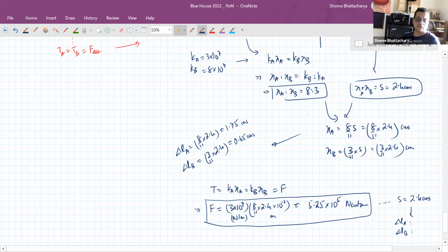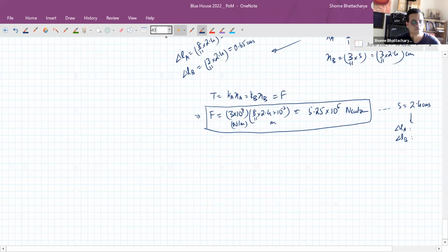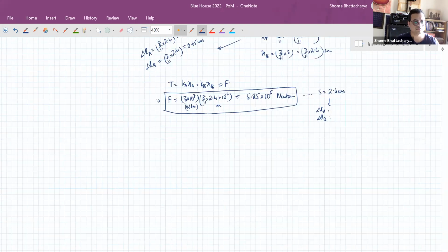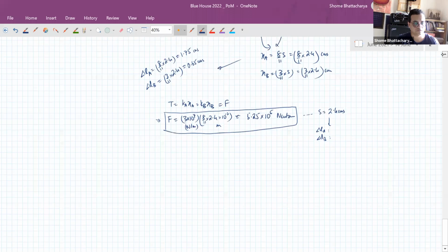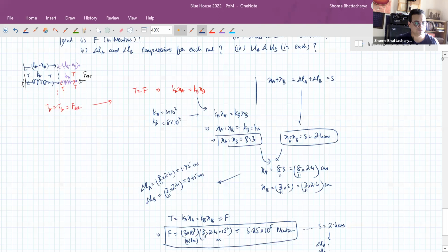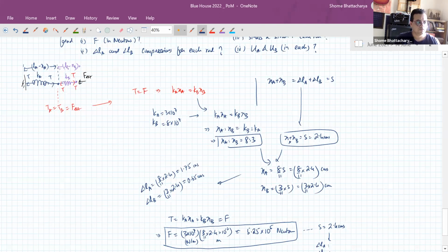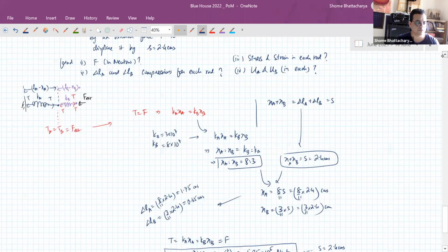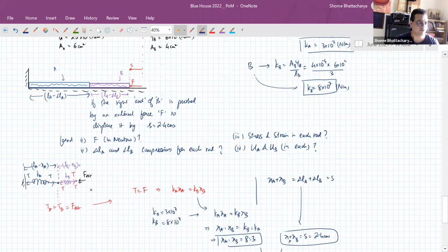So the rest of the things all will come from formulas. So we have converted the above system into a system of equivalent springs, and from that we have understood.